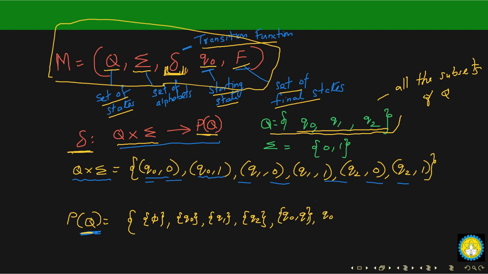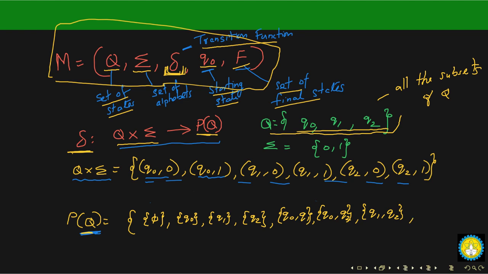Then you can have Q0, Q2. You can also have Q1, Q2. That's also possible. So we have written Q0, Q1, Q0, Q2, and Q1, Q2. These are all the possibilities for writing the two-member subsets.